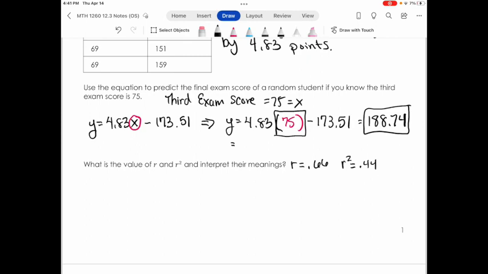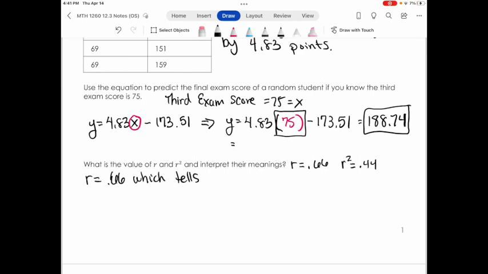So r tells us, remember, how close the line is to the points, the correlation. It's a strong correlation the closer it is to 1. If it's a positive value of r, that means it has a positive slope.